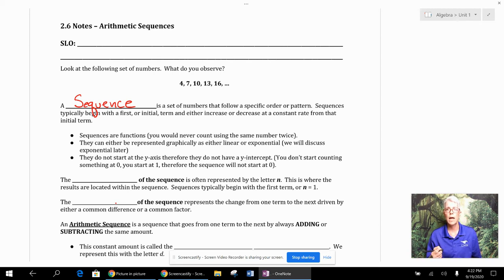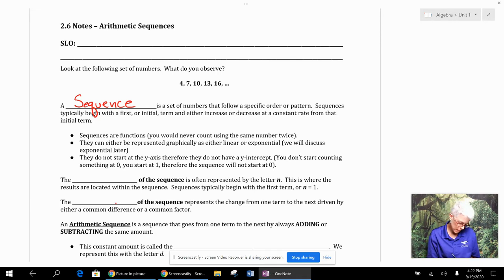In other words, you wouldn't have a sequence of numbers that goes 1, 2, 3, 3, 3, 4. They do not start at the y-axis, therefore they do not have a y-intercept. If you're counting a sequence of numbers, you don't start at 0, you start at 1: 1, 2, 3, 4, 5, or whatever the difference is, but you don't start counting at 0.